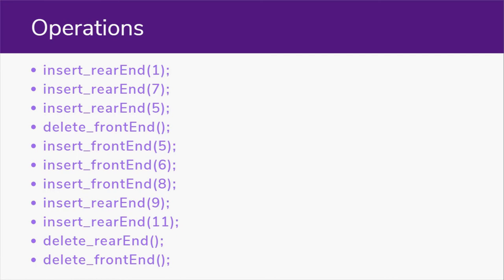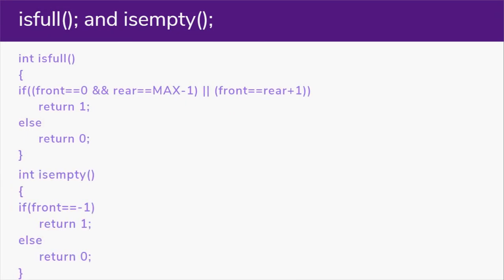But before performing all these operations, we'll take a look at the two functions, which are is full and is empty. As we have seen these functions before in our circular queue and simple queue. The change over here is that we have made a different function for checking whether our queue is full or empty.